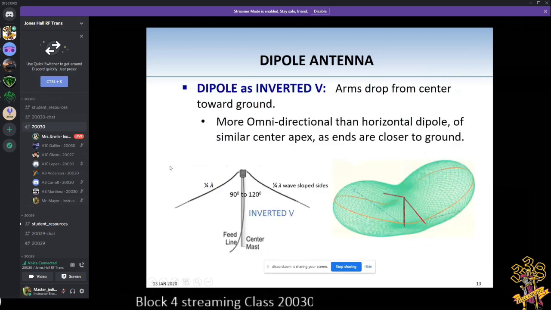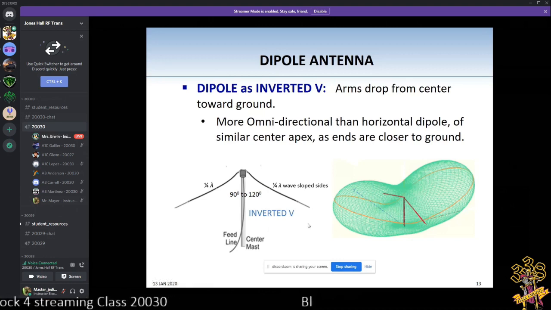Now here, just picture that straight horizontal dipole that we just looked at and just bring the ends straight down. That gives you an inverted V. And you will be doing this in lab. Okay?